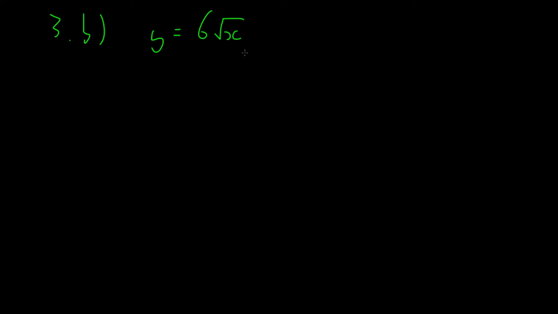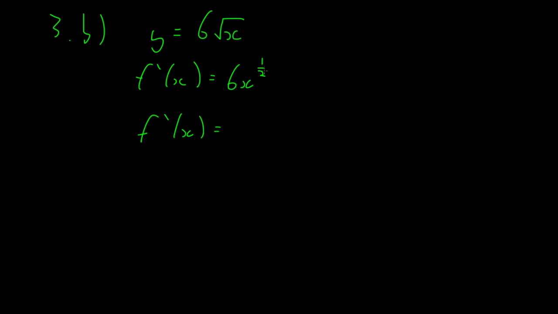Okay, so here's how we're going to rewrite this to make us able to differentiate it with the root. So we're going to say f, so derivative equals 6x to the power of 1 over 2, because that's equal to the square root, which we can then put down and differentiate it.